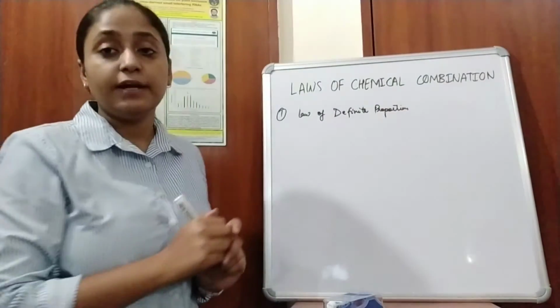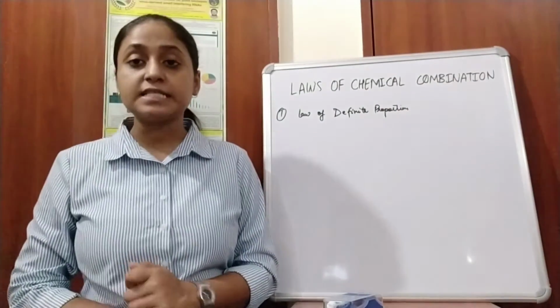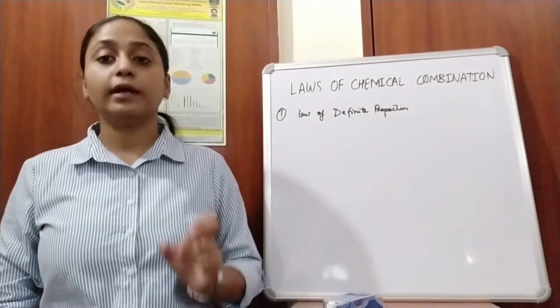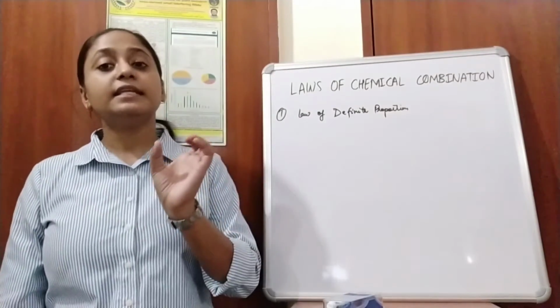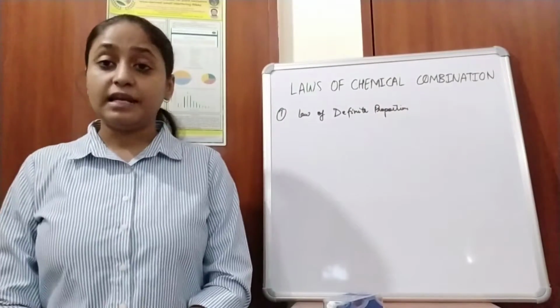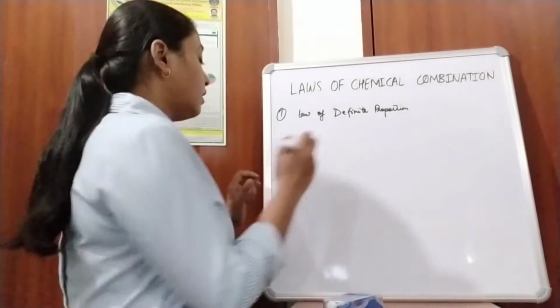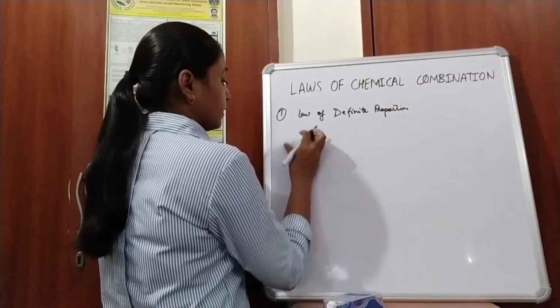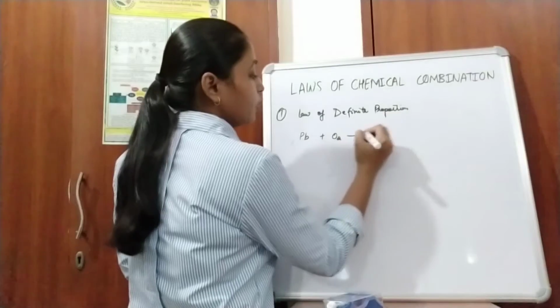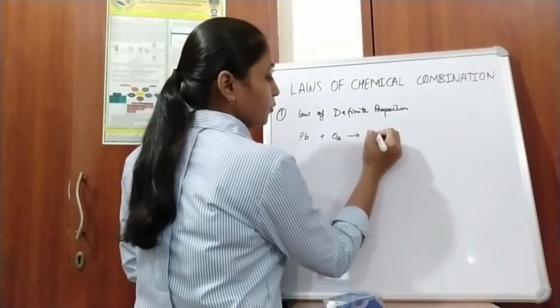So what does law of definite proportion say? That in a given chemical reaction, compound contain exactly the same proportion of element by weight. Let's take an example. Suppose lead reacts with oxygen to form PbO2.